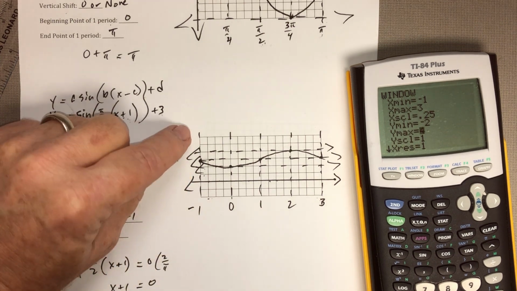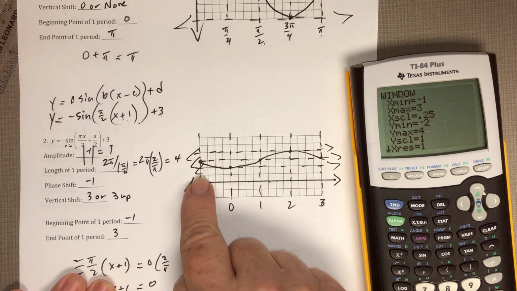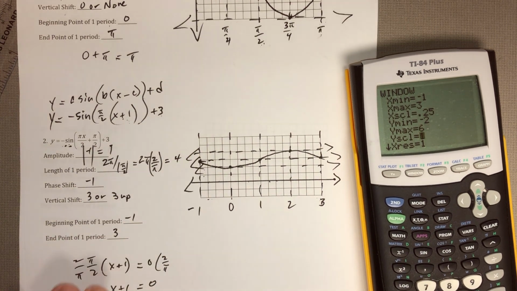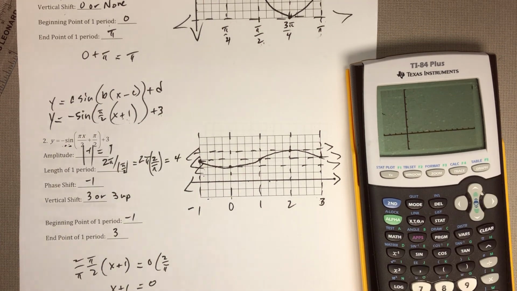My maximum is, see, this was 2, 4, 6, and we're counting by ones vertically as well. And now there's what your graph should look like. It should look like that right there, and it does. It looks very similar. Of course, there's an aspect ratio, but that's not a big deal.